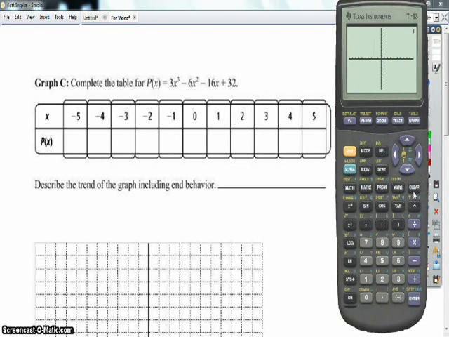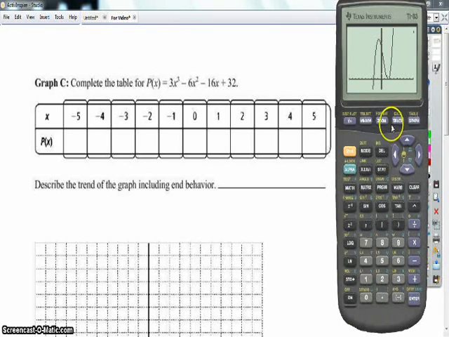Look how in this particular problem, see how the graph is almost not tall enough. I wish I could see this arc up here. So what you do, guys, is you change your window and you change the Y maximum to higher. So if you can't see it, if it's not tall enough, change your Y maximum. Let's try like 50. And now I'm going to hit graph. Oh, that looks good.